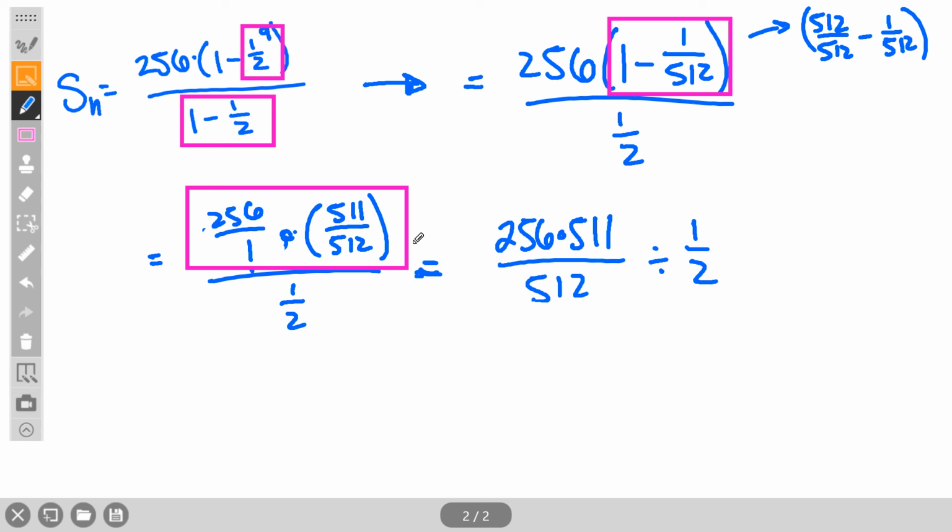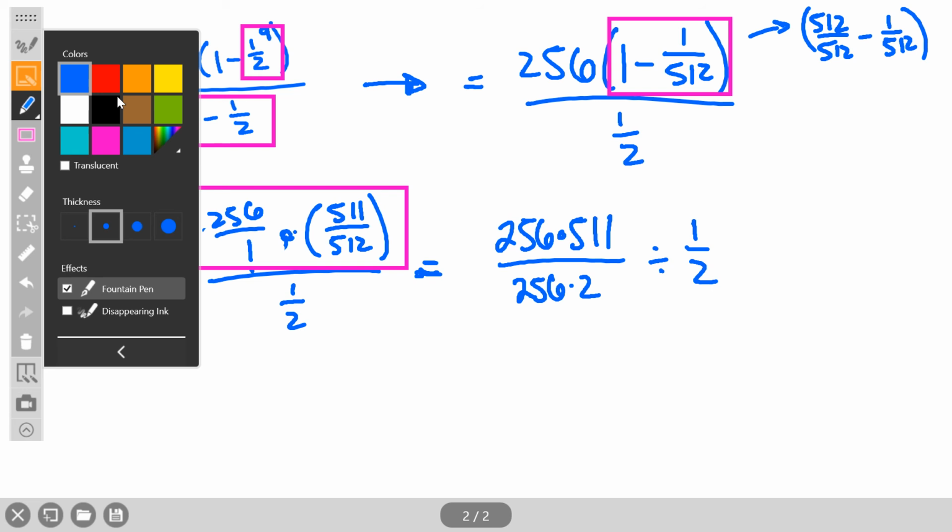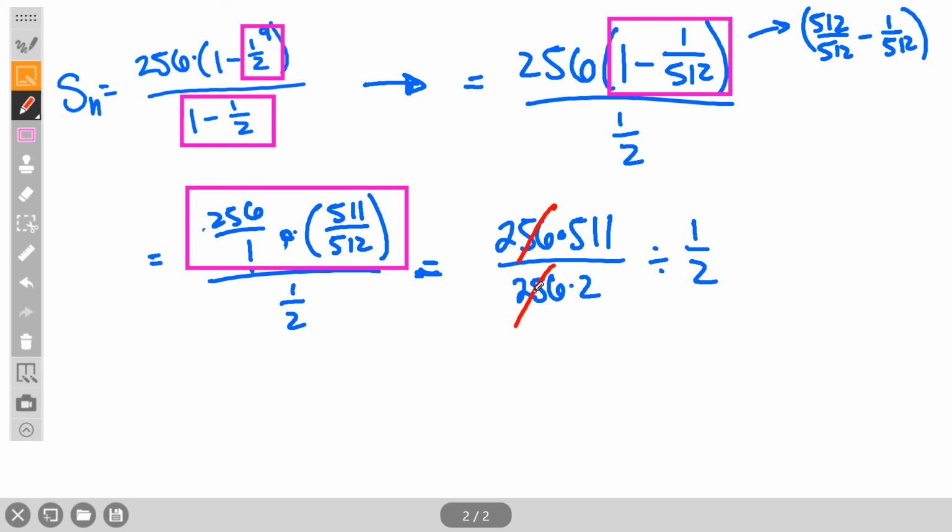Now the reason I would write it this way is because 512 also has a factor of 256. It's 256 times 2, which means that these 256's can cancel. Okay, so what we're left with is 511 over 2 divided by 1/2. Well, that's the same thing as 511 over 2 times 2 over 1.